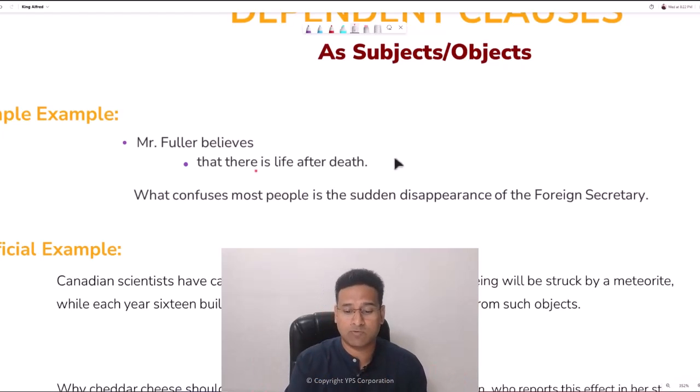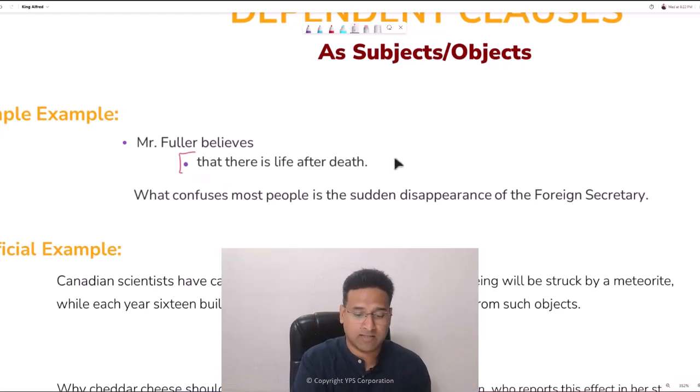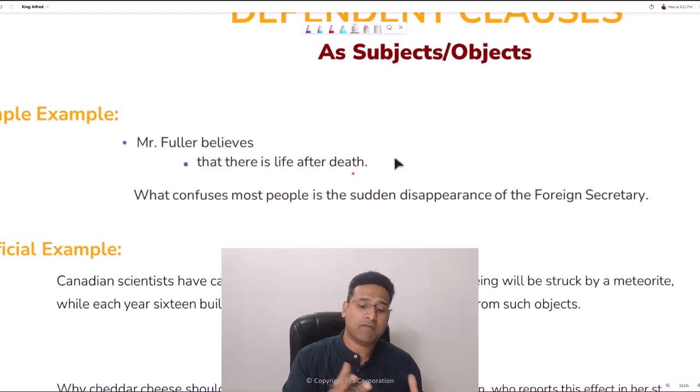Anyway, getting back to this, so we do have a verb, we do have a subject, and we do have that, not as a relative pronoun, mind you, as a DC connector. That's it. This becomes a dependent clause. We're sorted. What does it do? Does it modify Mr. Fuller? No. Does it modify believes?